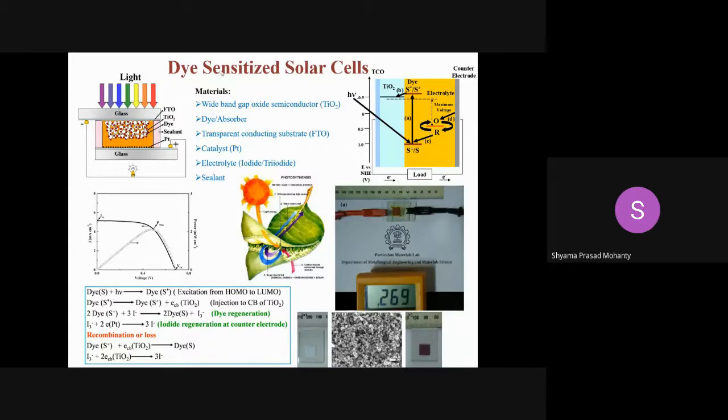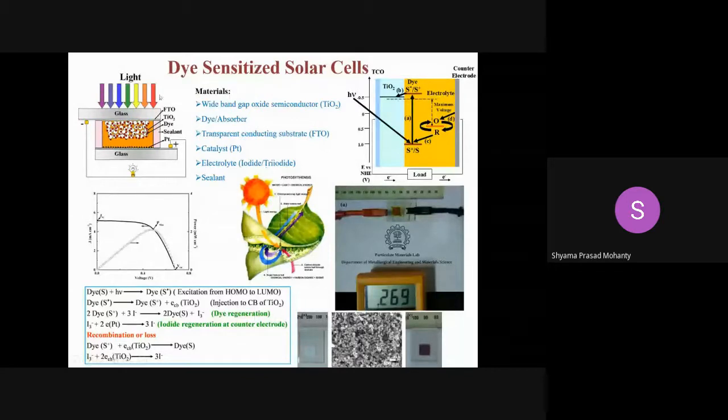So dye molecules will be adsorbed on the surface of these oxide nanoparticles. This will serve as the photoanode. Then we have the counter electrode, where a catalyst, typically platinum nanoparticles, will be there. Then some space between these two electrodes is filled with electrolyte, basically an iodide/triiodide electrolyte.